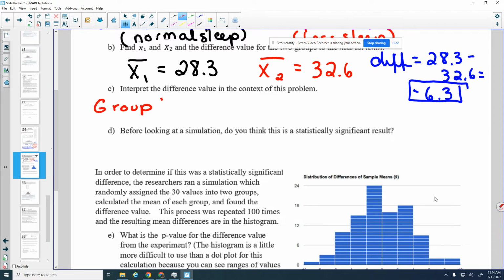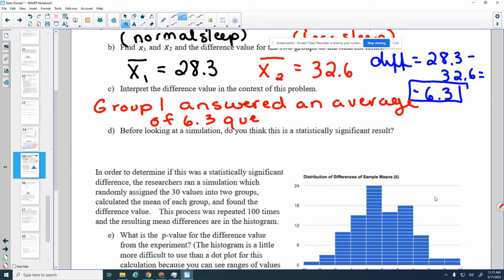Group 1 answered an average of 6.3 questions less correct. Okay. So before looking at a simulation, do you think this is a statistically significant result?